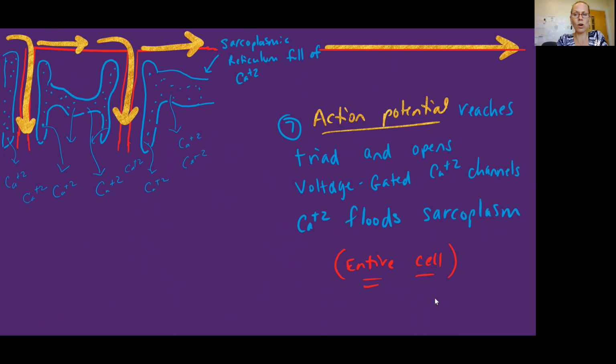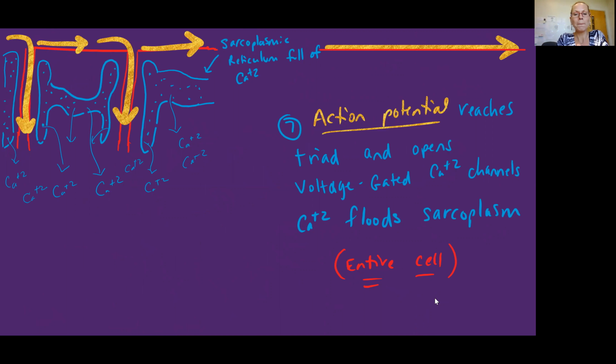Remember that structure called the triad. The triad was a sarcoplasmic reticulum terminal cisterna, T-tubule, and terminal cisterna on either side. Remember, inside the terminal cisternae, we have packed it full of calcium.